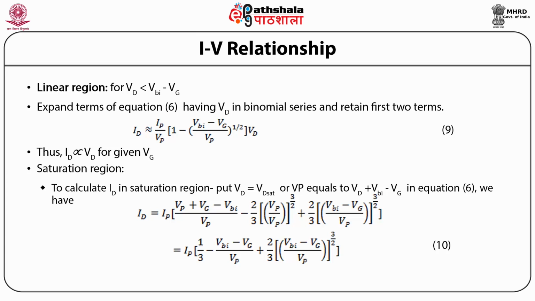It is equal to I_P multiplied by 1 by 3 minus (V_bi minus V_G) by V_P plus 2 by 3 (V_bi minus V_G by V_P) to the power 3 by 2. So thus I_D is independent of V_D and it is almost constant.